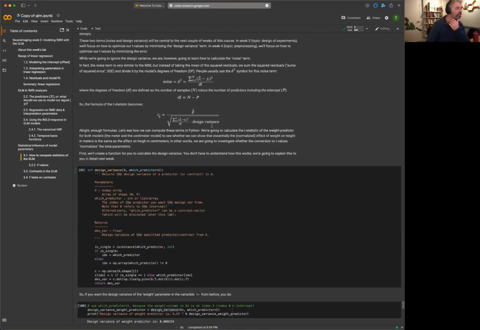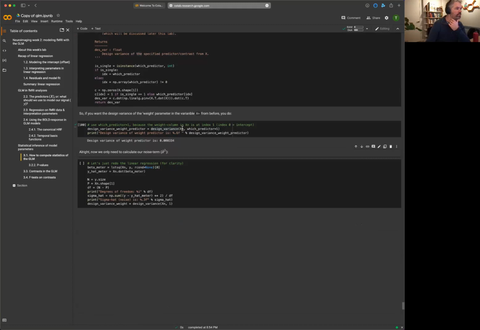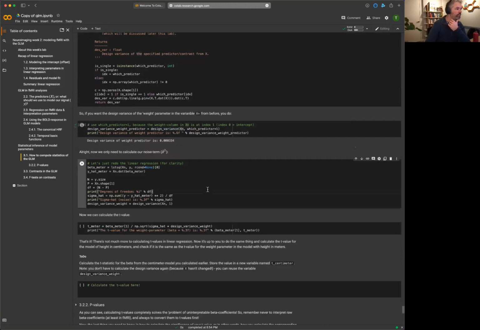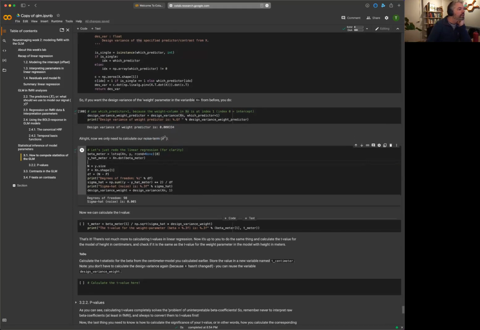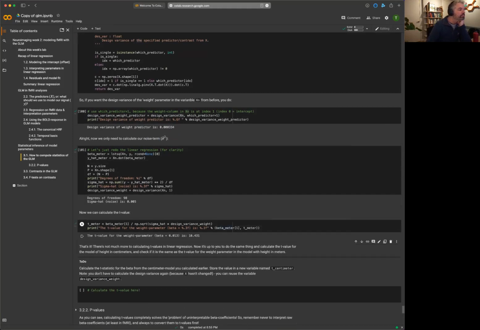We won't talk too deeply about design variance. I won't go into that too much, but it is a way of quantifying the statistical properties of the design matrix. And that means that we can now calculate noise and calculate t-statistics based on betas and residual variance, right?